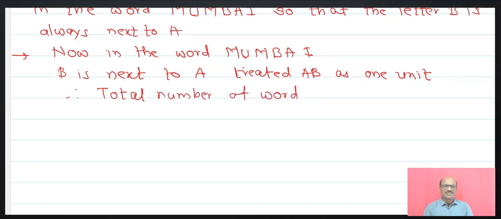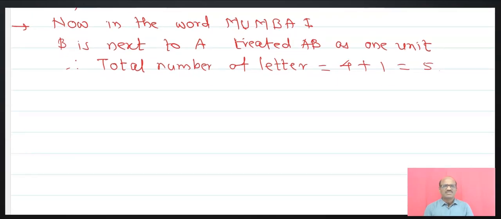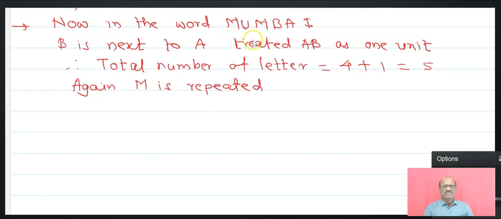I think there is some mistake in the textbook, or you may consider B or AB next: B is next to A or A is next to B. It doesn't matter for that. That is, B is next to A, it is treated as AB as one unit, and the remaining 4 letters, that is 4 plus 1, that is equal to 5. In this case, AB is treated as 1, and M, U, M and I. These are 4 plus 1, that is equal to 5.